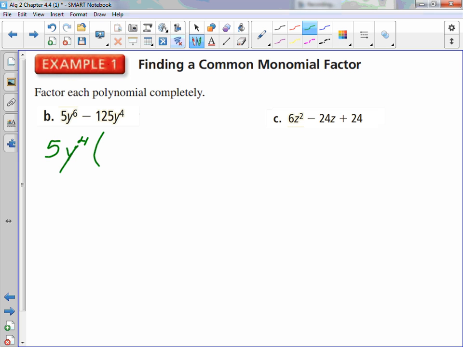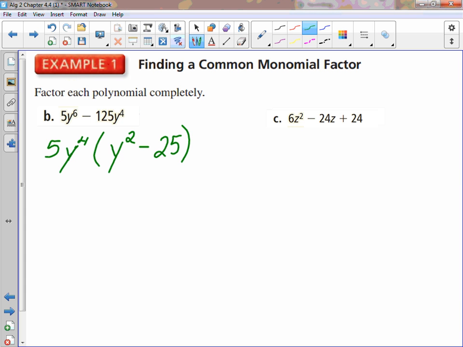Technically, y to the 6th divided by y to the 4th: if I pull 4 out of 6, I'm left with y squared. Then 125 divided by 5 would be 25, and y to the 4th out of y to the 4th just leaves us with 25, yes?